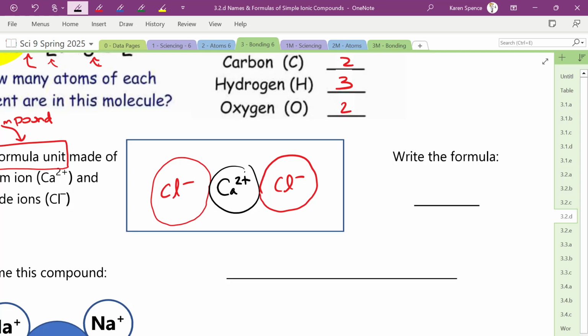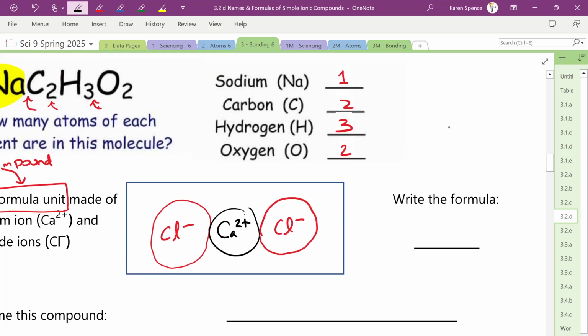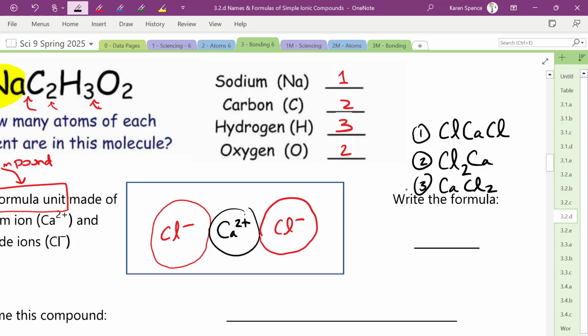I'm going to give you a few choices. Which one do we like? Do we like option 1, option 2, or option 3? 3, because our metal has to come first.